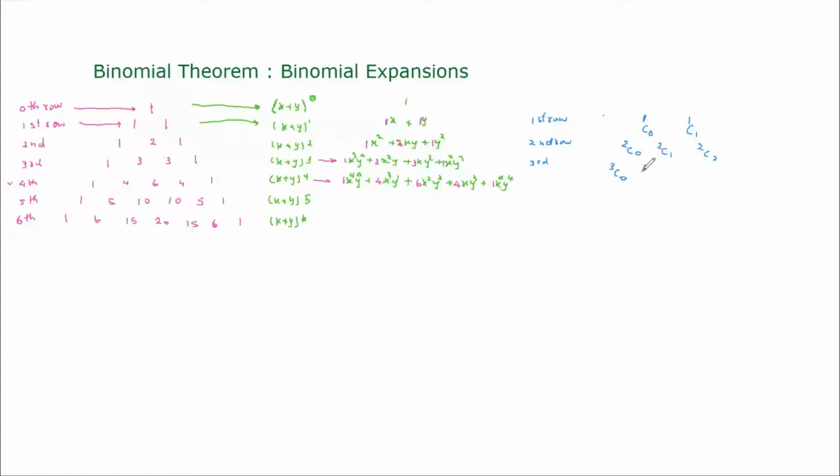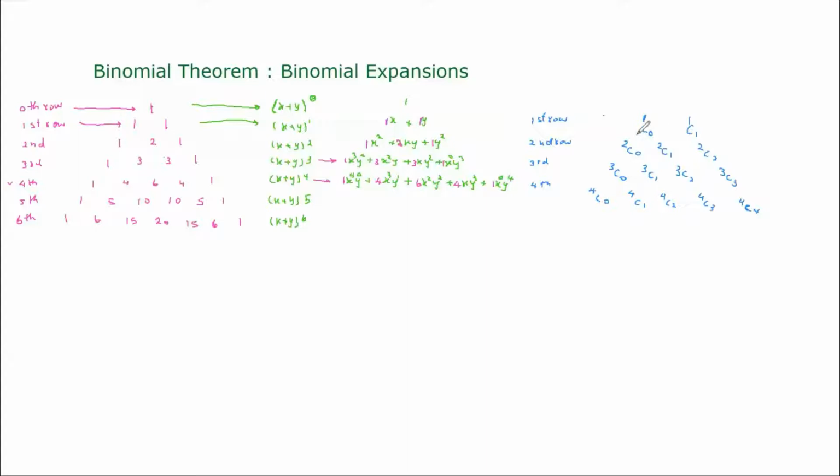And next 3, C, 1, 3, C, 2, 3, C, 3. And fourth row, do the same way. You start from 4, C, 0, 4, C, 1, 4, C, 2, 4, C, 3, and 4, C, 4. Okay, so you can see this combination triangle here.